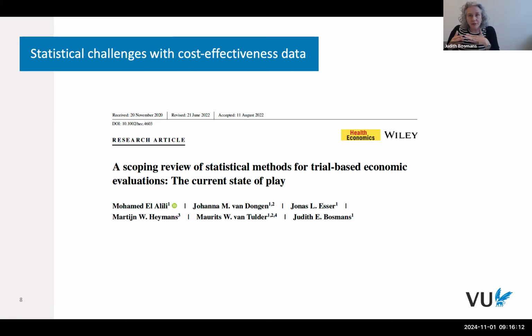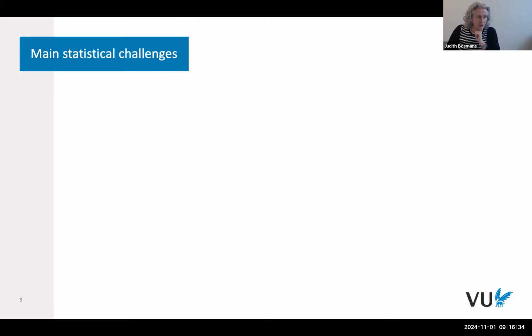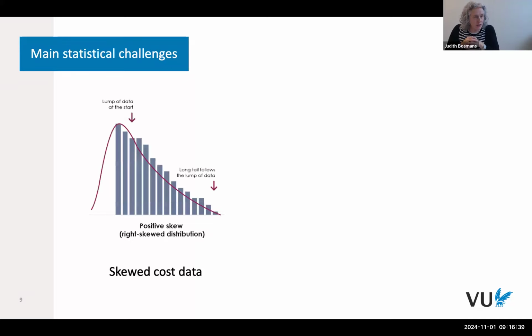When we're dealing with cost effectiveness data, there are some statistical challenges that you need to deal with. In this scoping review, we identified 7 statistical challenges that you encounter when analyzing cost effectiveness data. I will not go into all of them, but there are 2 that are important to mention. The first one is that generally cost data are very highly skewed, and they're skewed to the right.